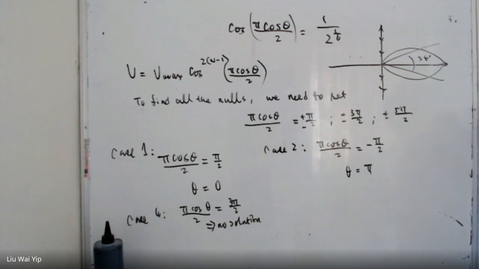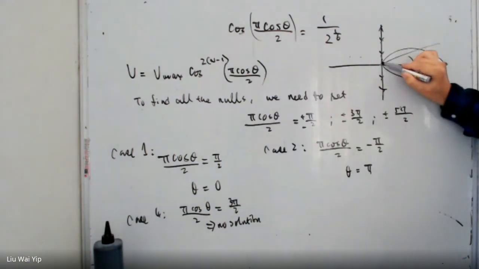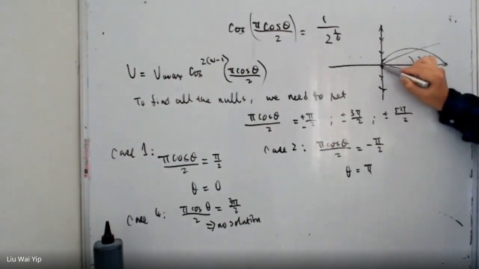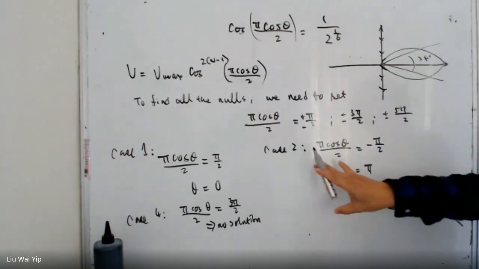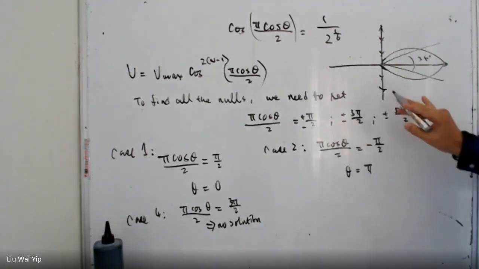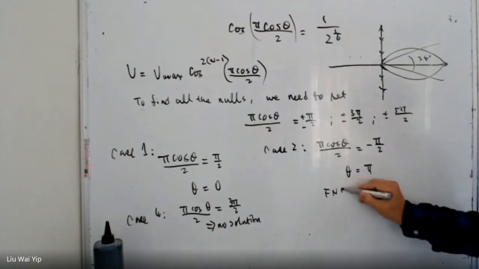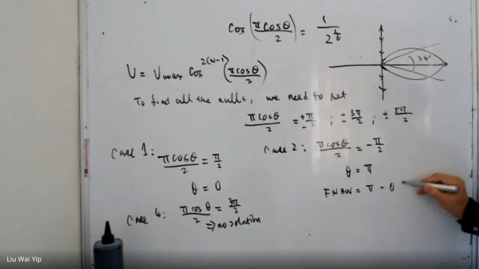And the nulls according to here are at 0 and pi. Other than that, there will not be any more nulls. So the first null beamwidth is going to be pi minus 0, which is 180 degrees.